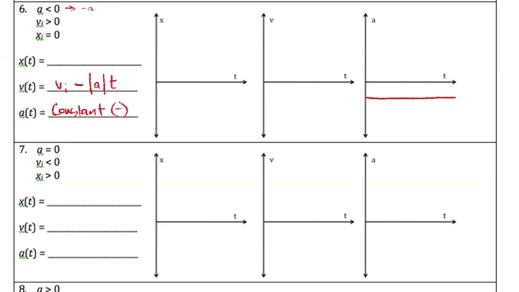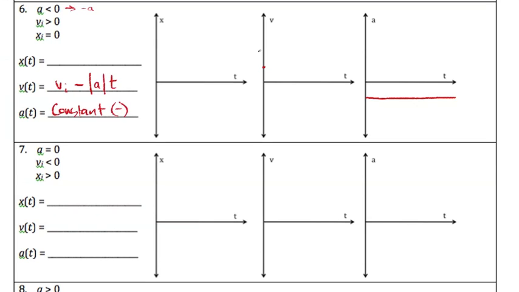So we're going to start with an initial positive velocity, but we're going to have a negative acceleration. Well, what is our initial velocity? It's something positive. It's something greater than 0. So it could be 1, 2, 3.